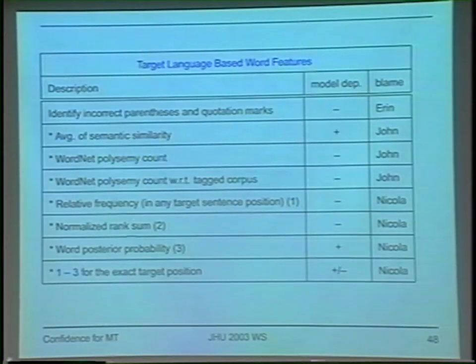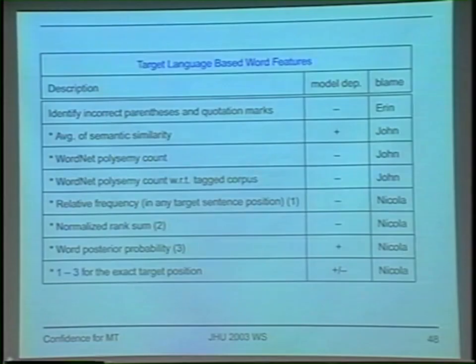The next three are relatively similar. They just distinguish whether a word occurs in any target sentence position, and then determine the relative frequency of all hypotheses in the n-best list containing this word in some position in the sentence.